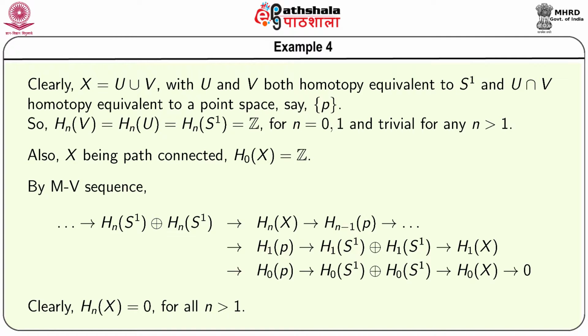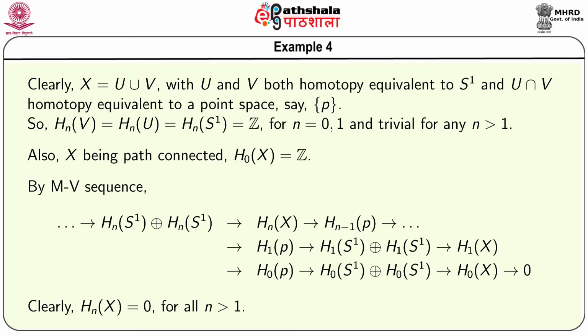So, we get Hn(S^1) direct sum Hn(S^1) to Hn(X) to Hn-1(P), etc., to H1(P), which goes to H1(S^1) direct sum H1(S^1), which goes to H1(X), and that goes to H0(P) to H0(S^1) direct sum H0(S^1), and that goes to H0(X) and finally to 0.